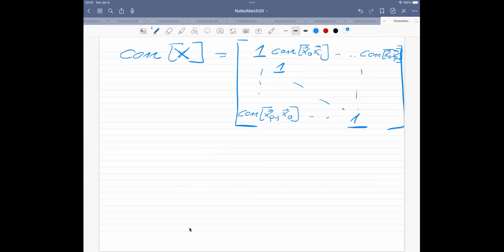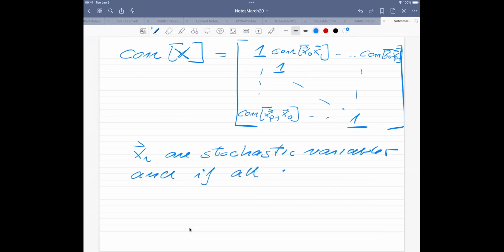And if you have strong correlations, so if the events which you have, if we now assume that xi's and xj's are stochastic variables, and if all xi's are independent and identically distributed, which means we write it like IID, independent and identically distributed.